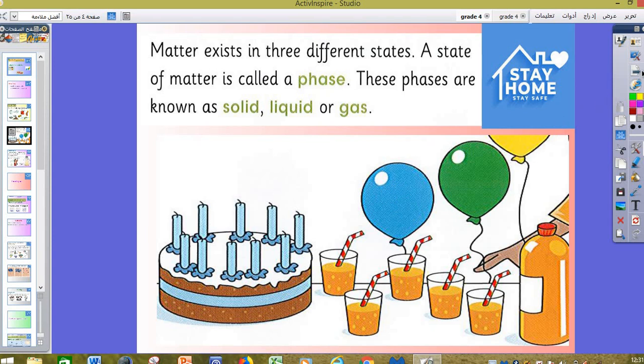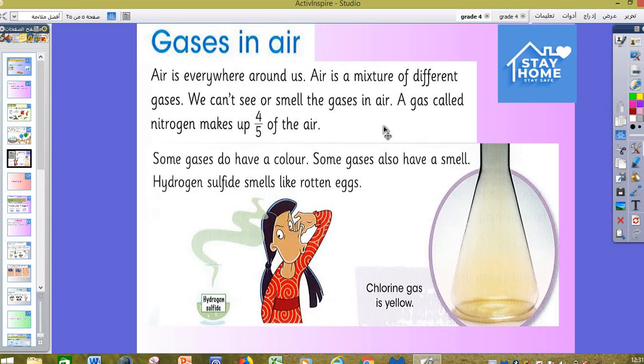If you need to understand more information about gases, this gas that we breathe, that we cannot live without. Why? Because air is everywhere around us, and this air that we breathe is made up of different types of gases.